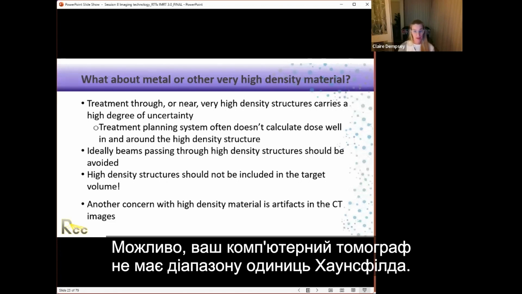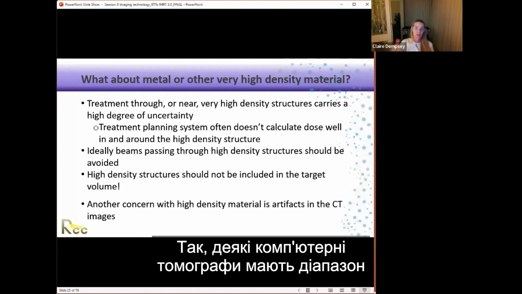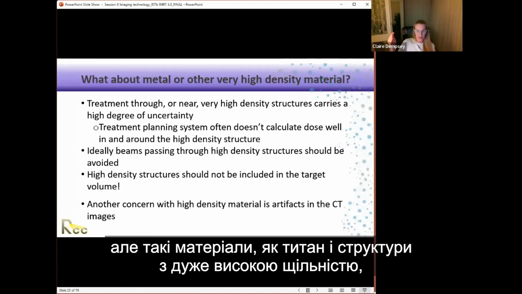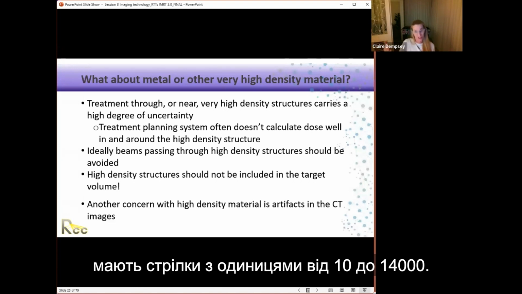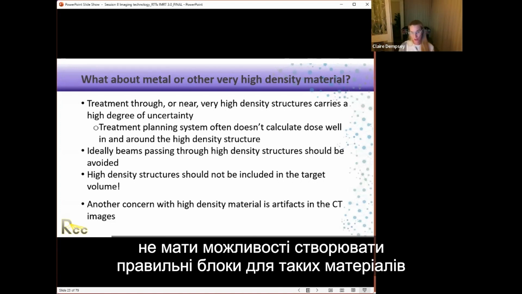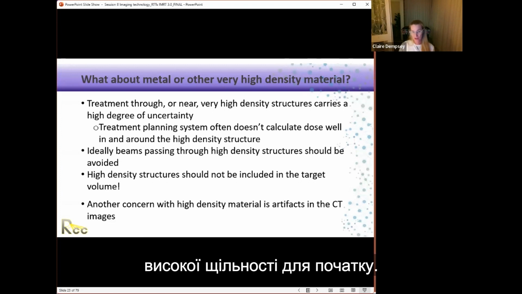And it may be that your CT scanner doesn't have the Hounsfield unit range. Some CT scanners only have a Hounsfield unit range from -1,000 up to 3,000, but things like titanium and really high density structures have Hounsfield units of 10,000 or 14,000. So your CT scanner might not even be able to produce the right Hounsfield units for those high density materials to start with.